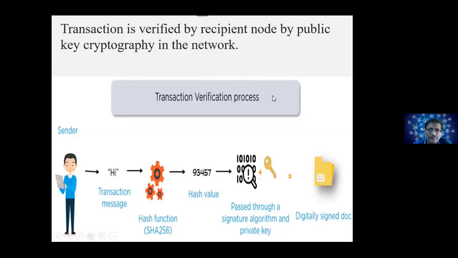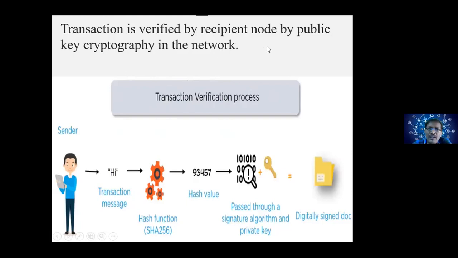So as I said, every transaction is packed into a block, and it's transmitted to the other end, from the sender to the receiver. And every transaction is digitally signed. Just now we had seen how a digital signature is made. So every transaction is digitally signed, and it is sent to the other end.